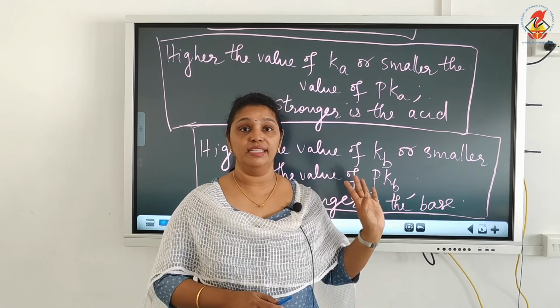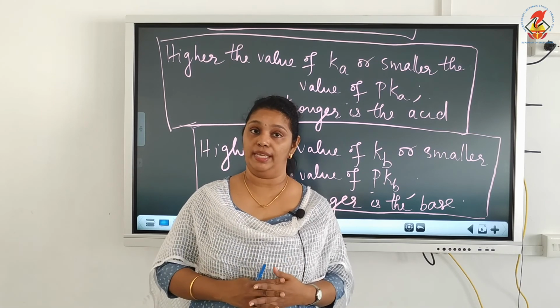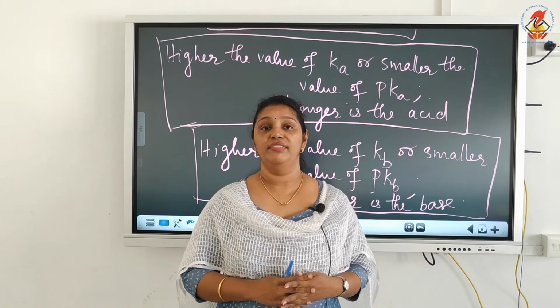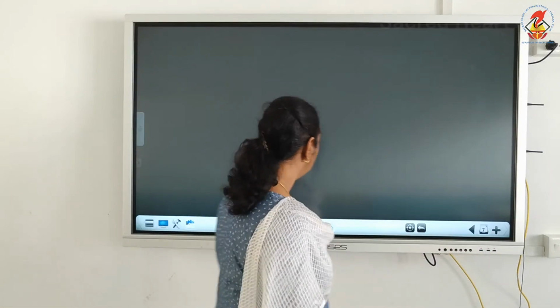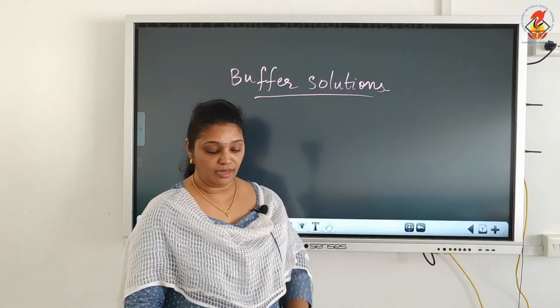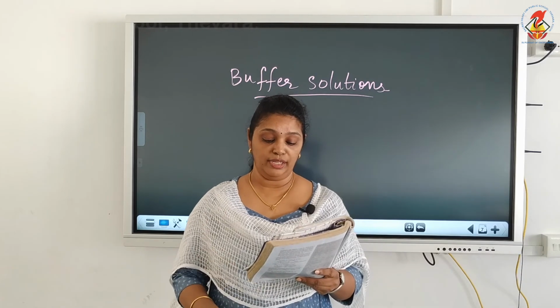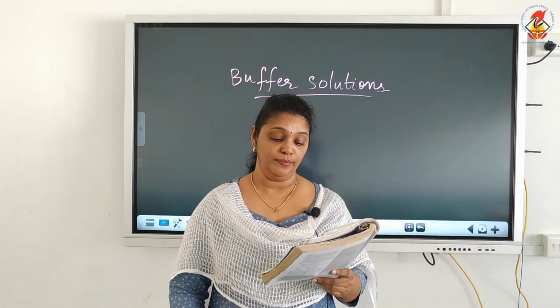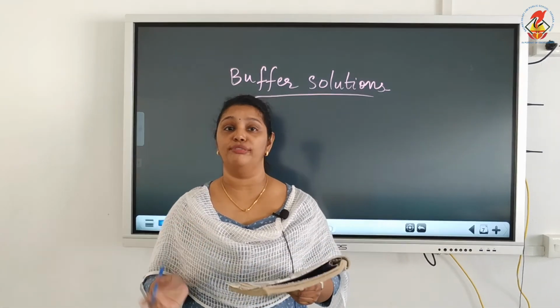So this is our pH and the relation between Ka, Kb, pKa, pKb. Now next topic is about buffer solutions. What are buffer solutions? We know many body fluids like blood or urine have a definite pH value, and any deviation in their pH indicates the malfunctioning of our body.